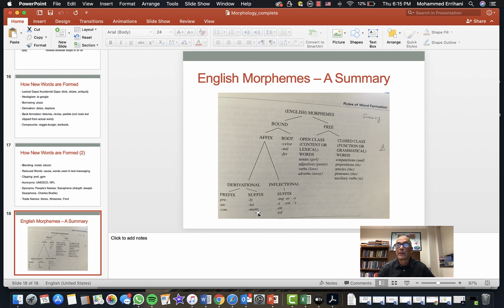Ment. I can't think of a word that ends with ment. But anyway, when you add it to a word, you derive a noun, because ment is typically a noun. I'm trying to think of a word to which you can attach ment.